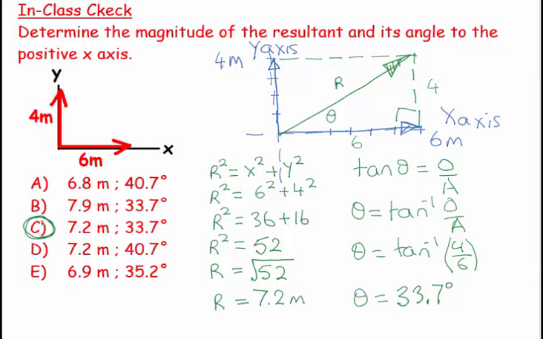This methodology of breaking a problem into components, arithmetically adding all the components, so you end up with a resultant x component and a resultant y component, and then using simple Pythagoras and a simple trig to get the magnitude and the angle of the direction of the resultant, is a very standard process.